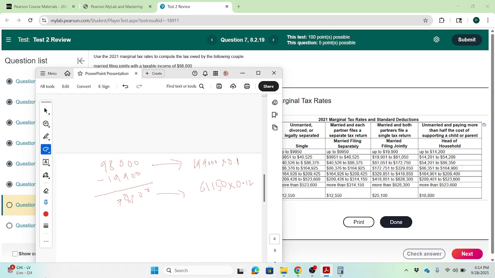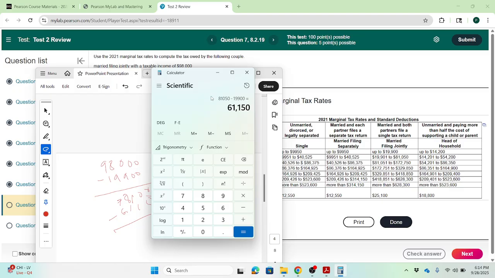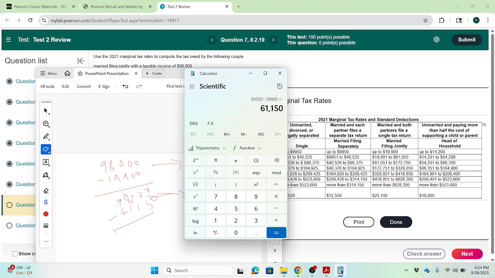And for the leftover money, subtract 61,150 from 78,100, and the remaining amount is 16,950.